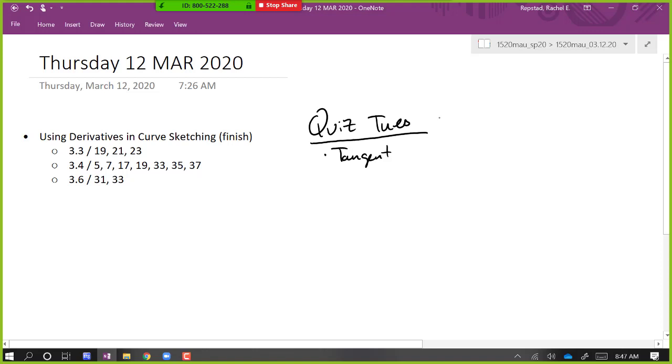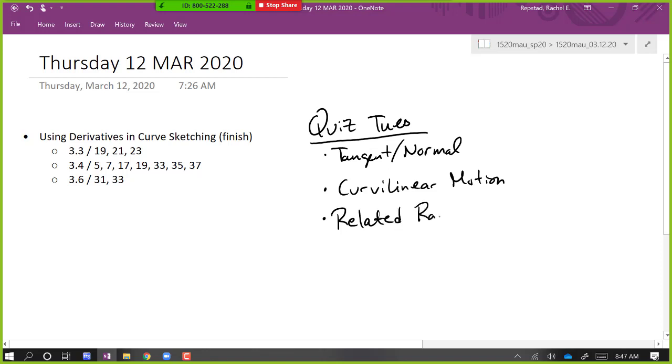There'll be 4 problems, as usual, that'll come from these topics. There will absolutely be a related rates problem.